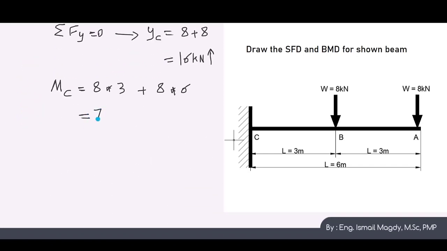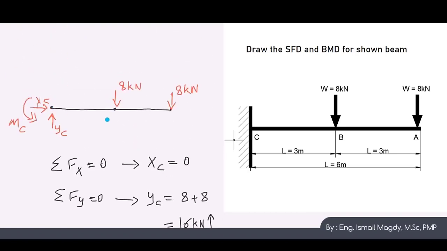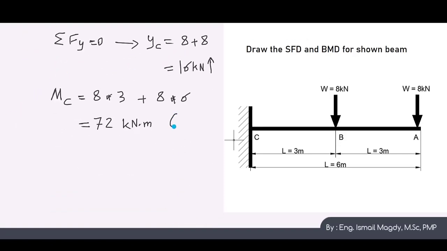This will equal 72 kN meter. Let's check now the signs. This moment is going in this direction, it is going clockwise, which means it is creating tension at the upper side and compression at the lower side. So this means it is a negative sign moment.